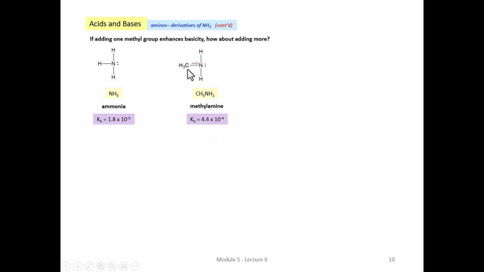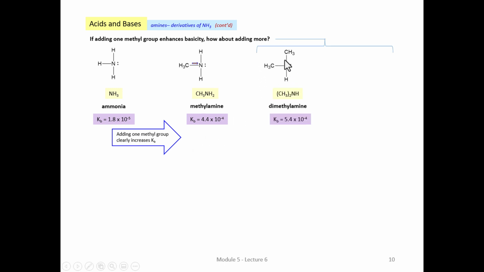And we have a picture here again of the methyl group donating electron density toward this lone pair on the nitrogen. So adding one methyl group clearly increases Kb. Well, how about if we add even more?